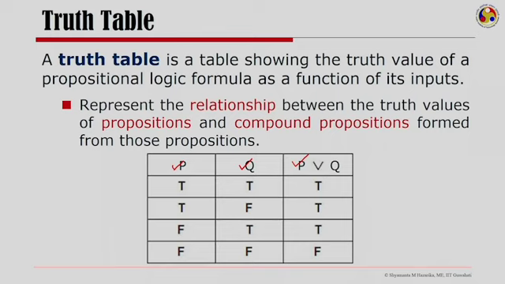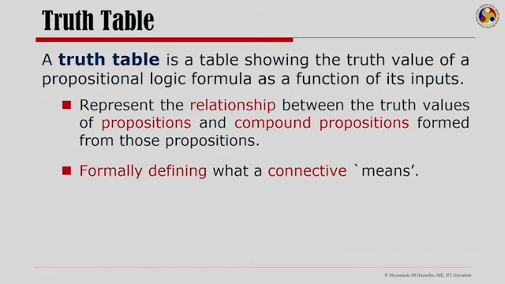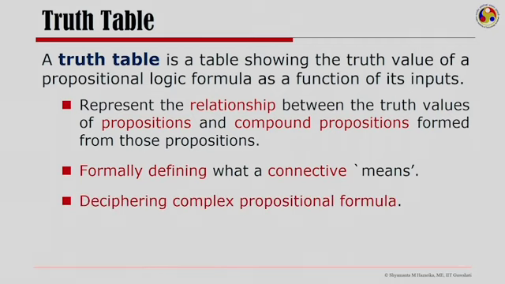In the last row, we see that P and Q both are false, and therefore, the disjunction is false. From this example, we can realize that truth tables formally define what a connective means, and truth tables can be used for deciphering complex propositional formulas.